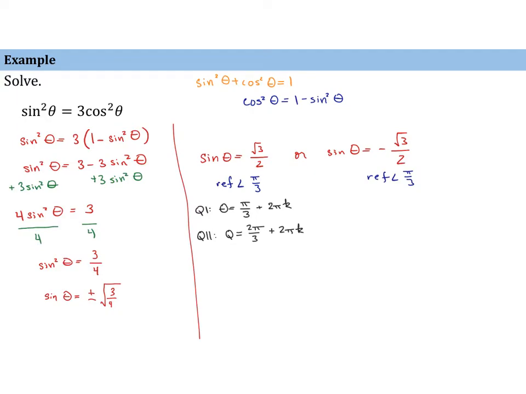Now, let's look at this second equation, sine of theta equals negative root 3 over 2. If we look at that, and we now are in quadrant 3, pi/3 in the third quadrant would be 4 pi/3. So 4 pi/3, and then we'll add 2 pi k.